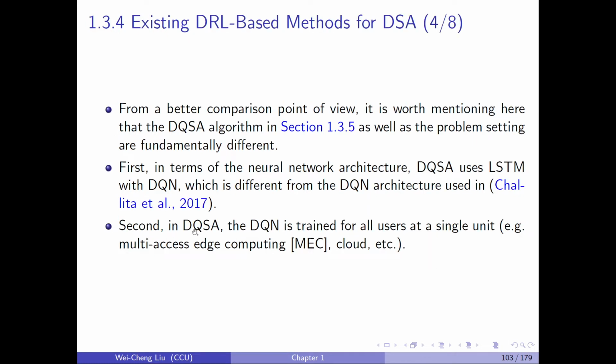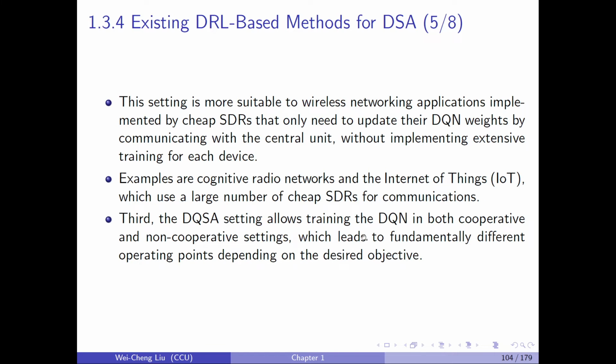Second, in DQSA, the DQN is trained for all users at a single unit, for example, a multi-access edge computing (MEC) cloud, etc. This setting is more suitable to wireless networking applications implemented by cheap SDRs. Okay, what is SDRs?